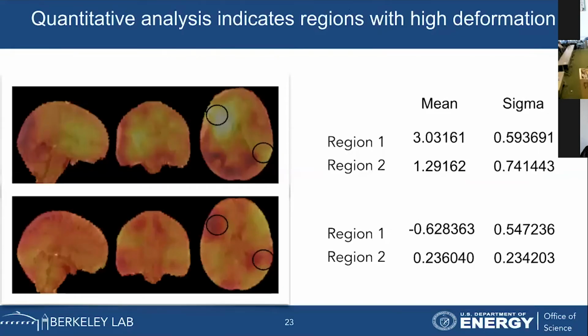Okay, if you look at the detailed information about the deformation, if I just subtract the mean and the sigma, you see the data is pretty different in terms of how they vary in this local region.